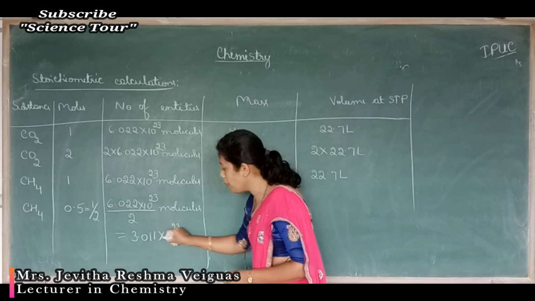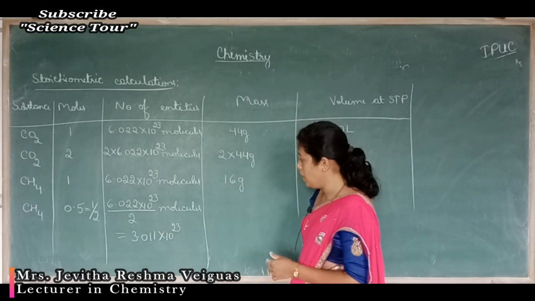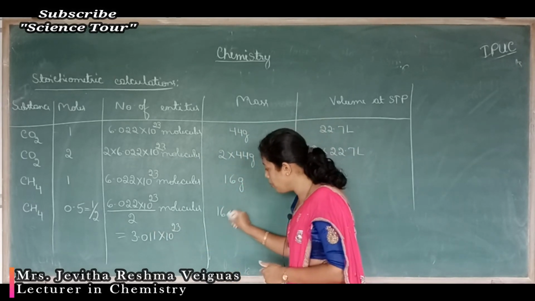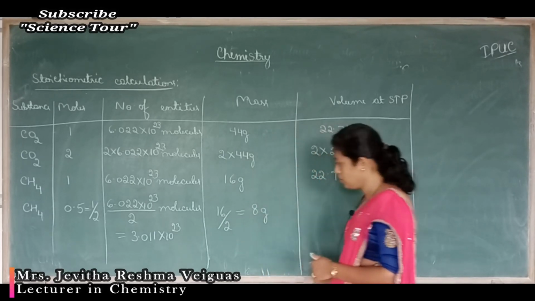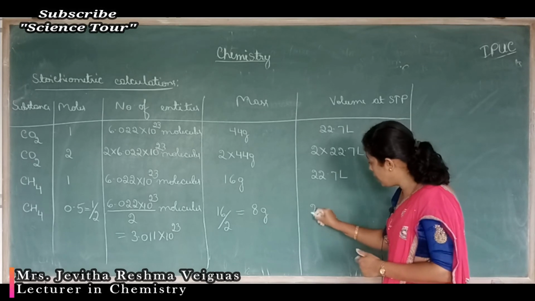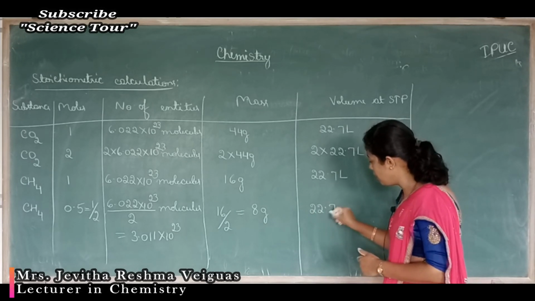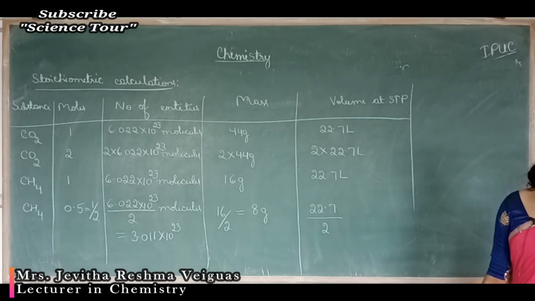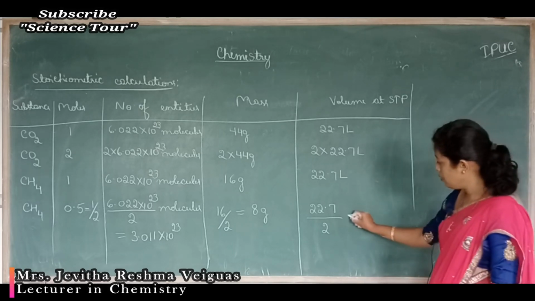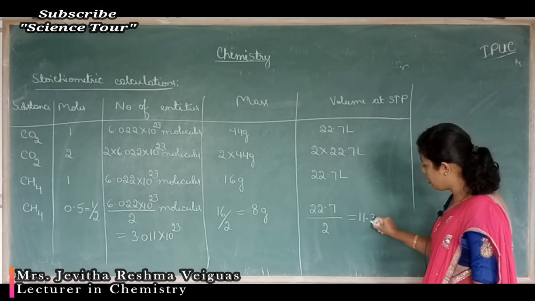Mass of 3.011 into 10 to the power 23 molecules is 16 by 2, that is 8 grams. 8 grams will occupy 22.7 divided by 2, it is 11.35. So volume is 11.35 liter.